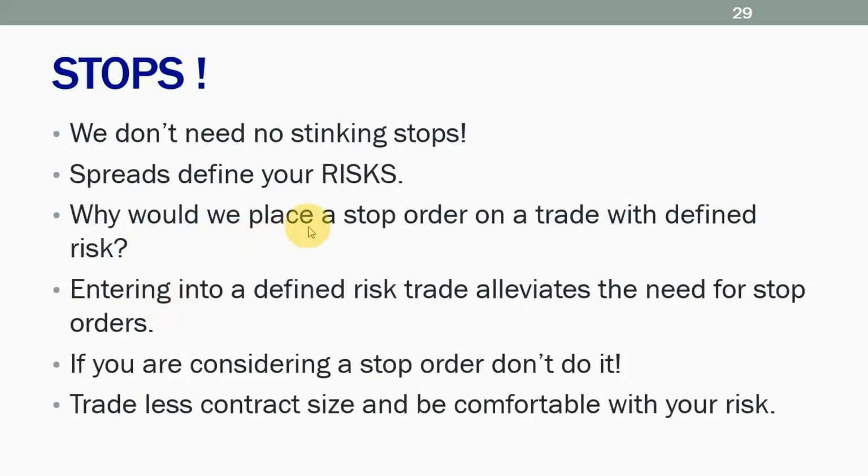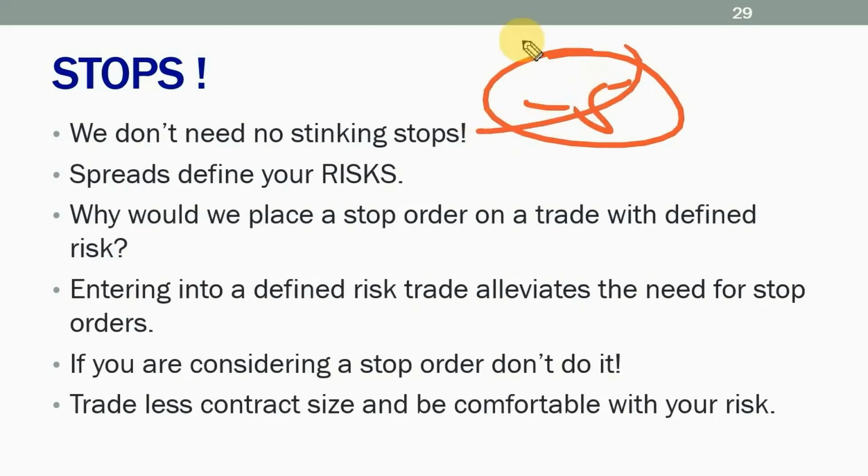And one of the things that I hammer you on is that if you are asking me the question that you need to use a stop, like if you're asking a question about a stop order, the answer isn't found in the stop order. The answer is actually found in the fact that you're allocating too large. Think about it. If you say, yeah, I'm totally comfortable losing $5, but maybe you're not comfortable losing $5.